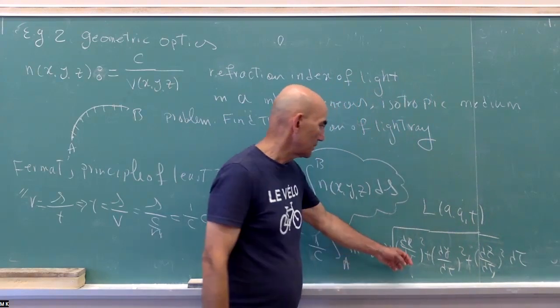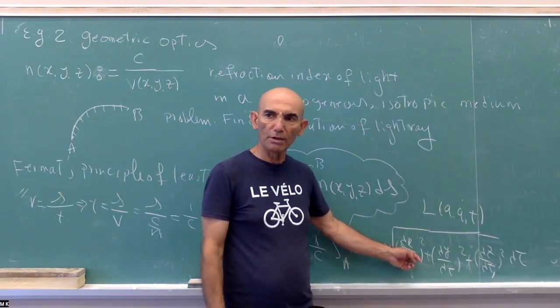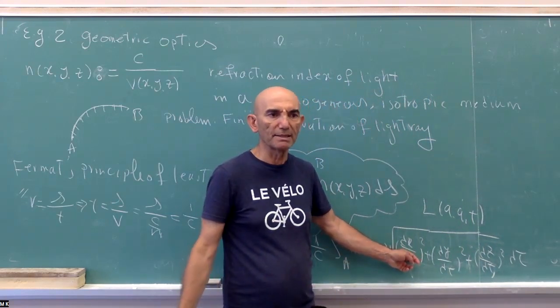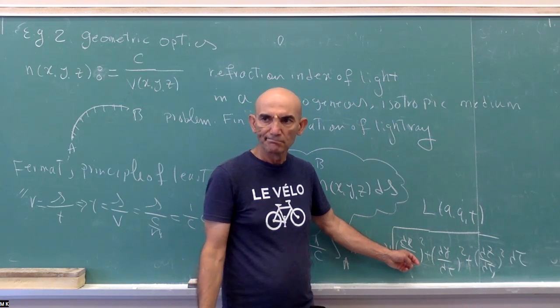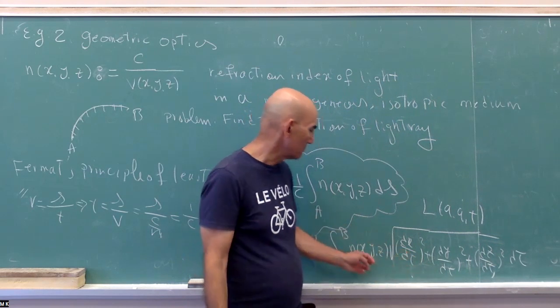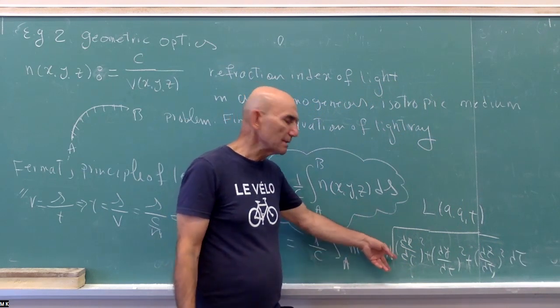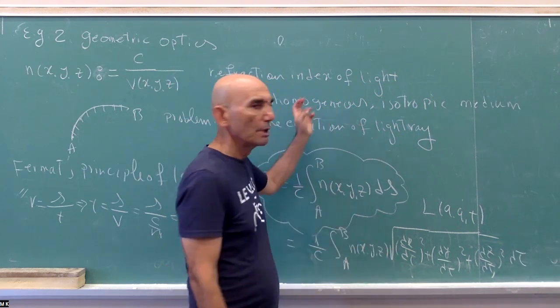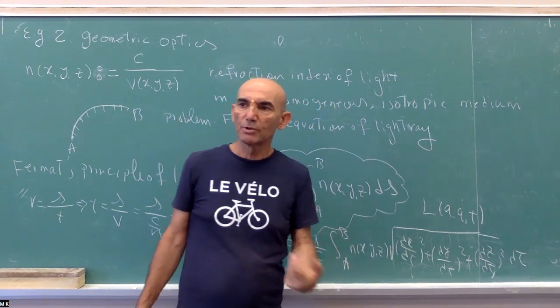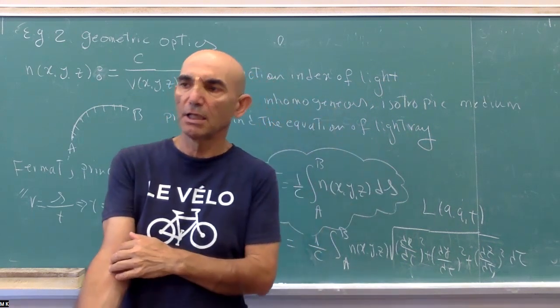Here is the dependence on q dot. I mean, q is really x, y, z in this case. This is just a function. So indeed, this is not of the form kinetic energy minus potential energy in an obvious way.